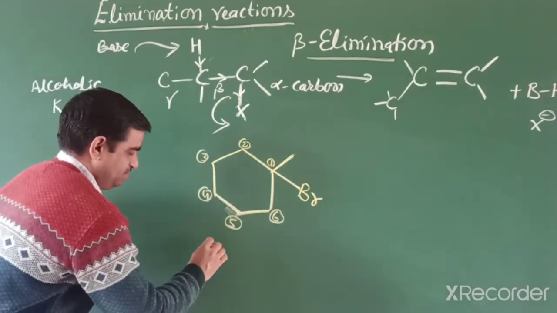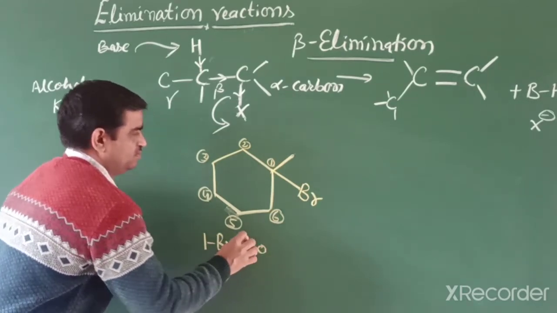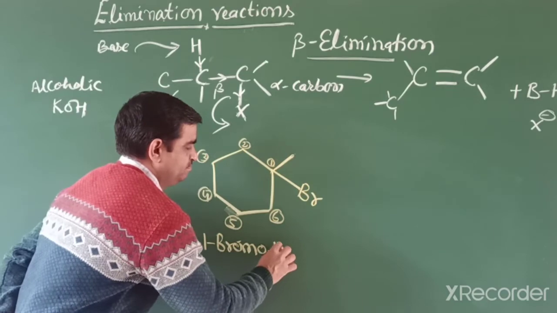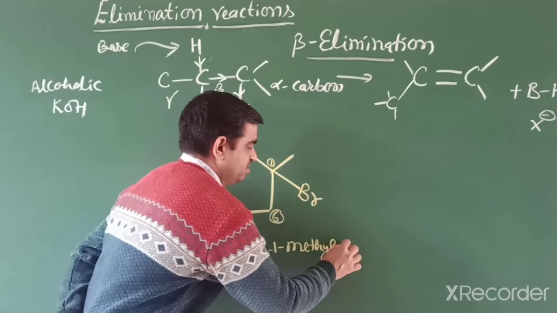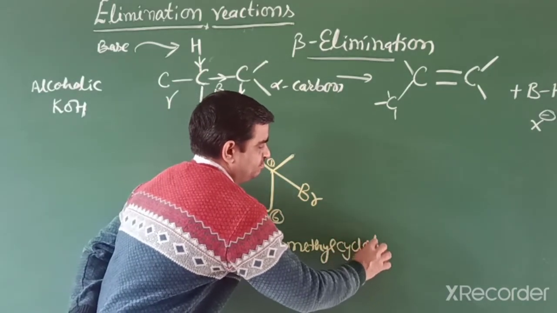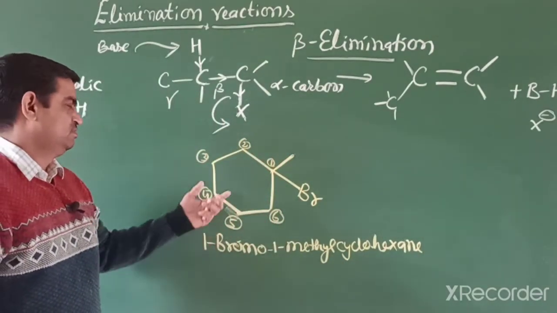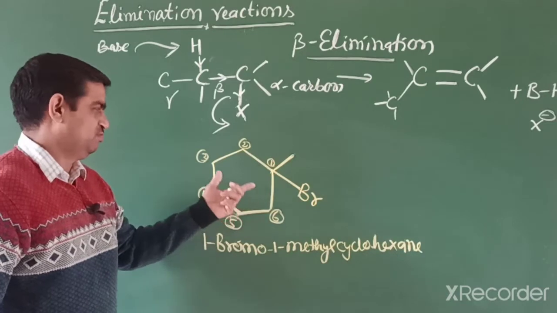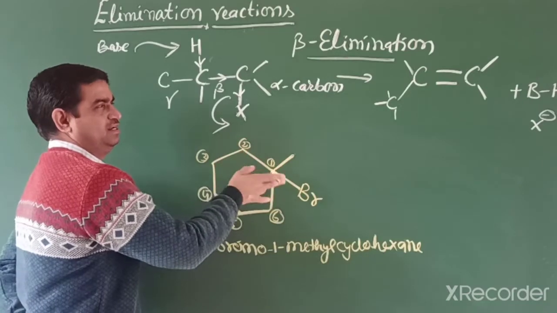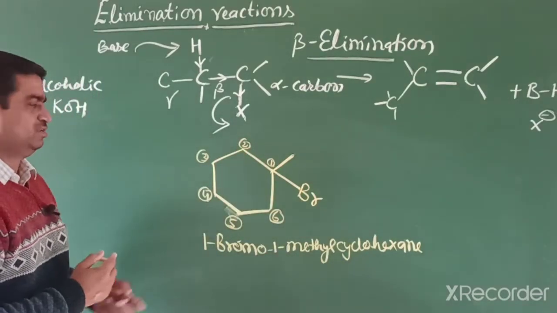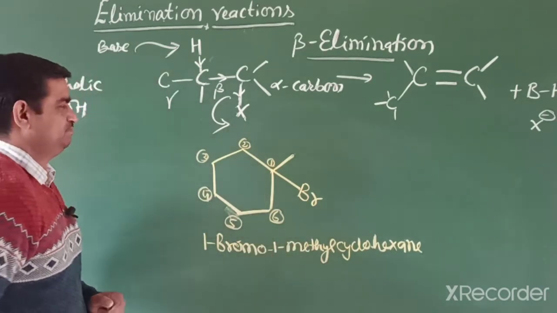So its IUPAC name is 1-bromo-1-methylcyclohexane. We have to write both 1-bromo and 1-methyl, because if you write only bromo-methyl, then the position is not identified.